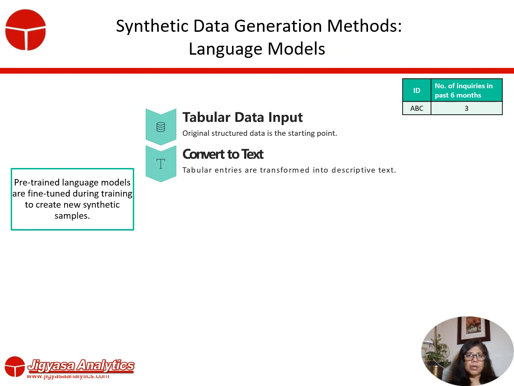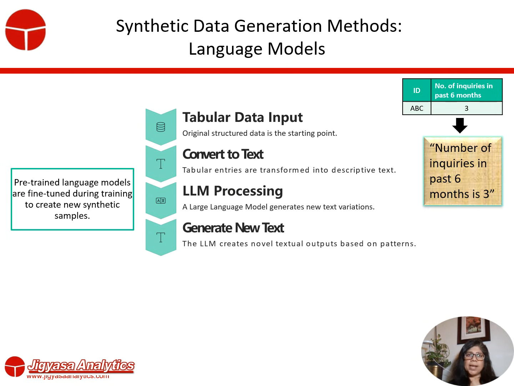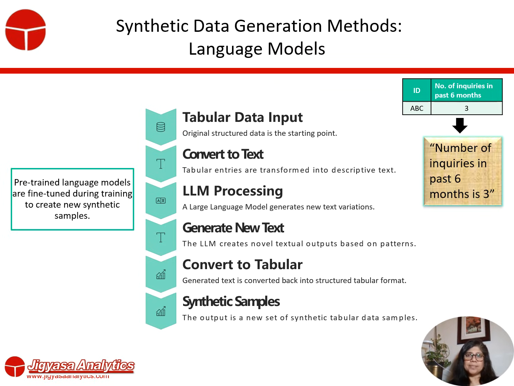The way to convert this to text is by using the words "number of inquiries in the past 6 months is 3." This text is then fed into large language models, which can then spit out new synthetic textual data, which once again is converted back to tabular format to create new synthetic samples.